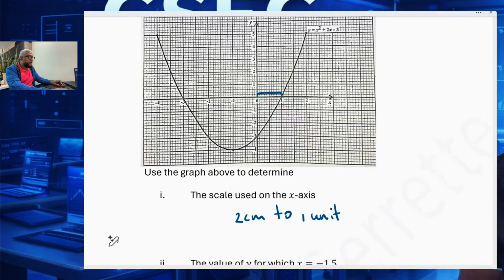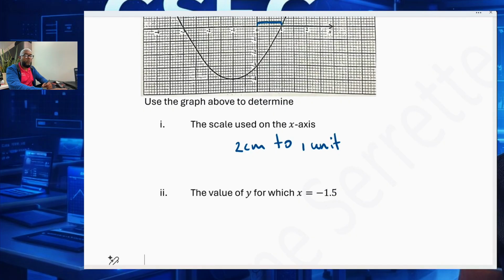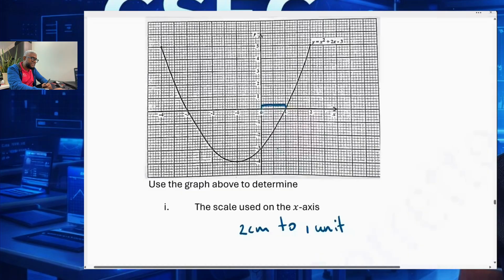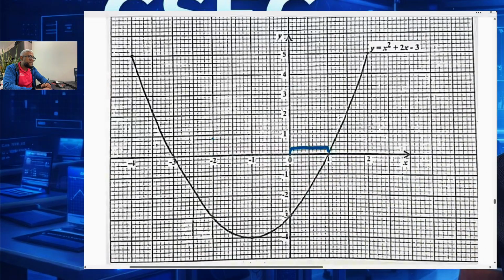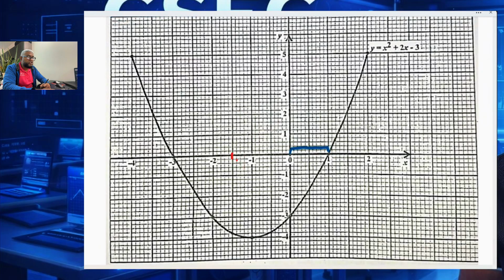So let's go. The value of y for which x is equal to negative 1.5. So when x is negative 1.5, I'm looking for the value of y. So I'm going to come down to meet the curve, and we're going to cross.